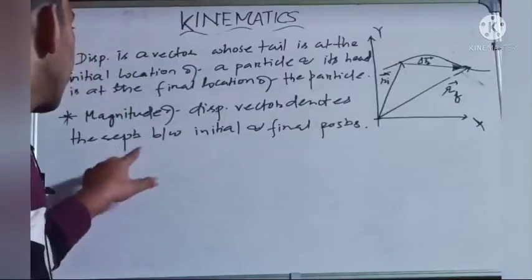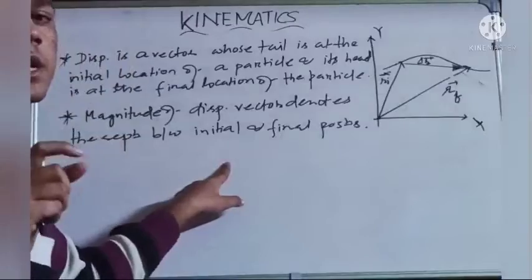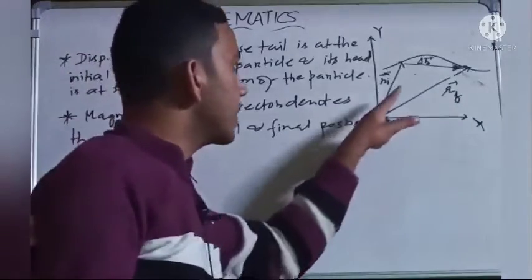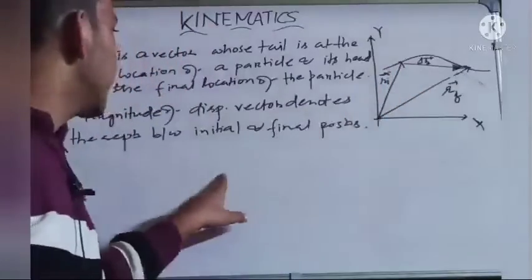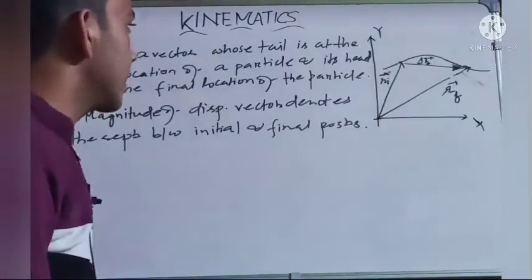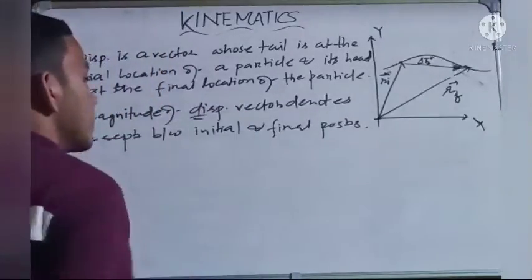We should also note that in place of displacement we can use the term separation. The word separation can be used in place of displacement, although it does not represent a vector quantity. So it is better to always use displacement.